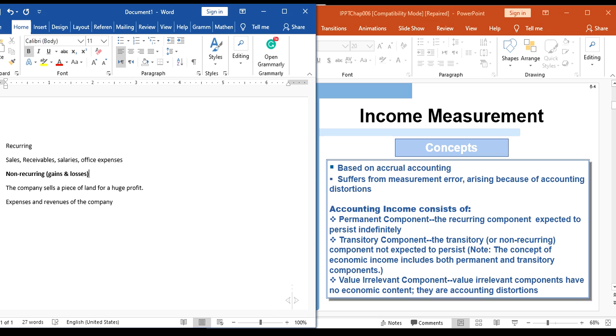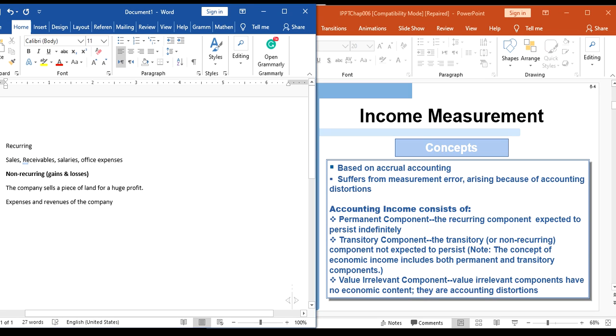We are not calling this revenue and expense. Any decrease in the equity or any cash outflow over here is called a loss, not an expense. So accounting income includes only recurring accounting.